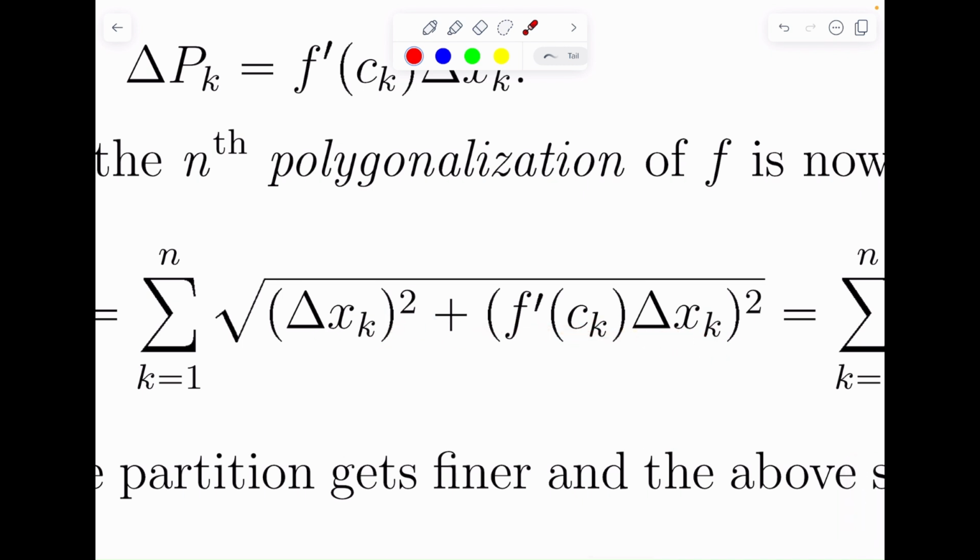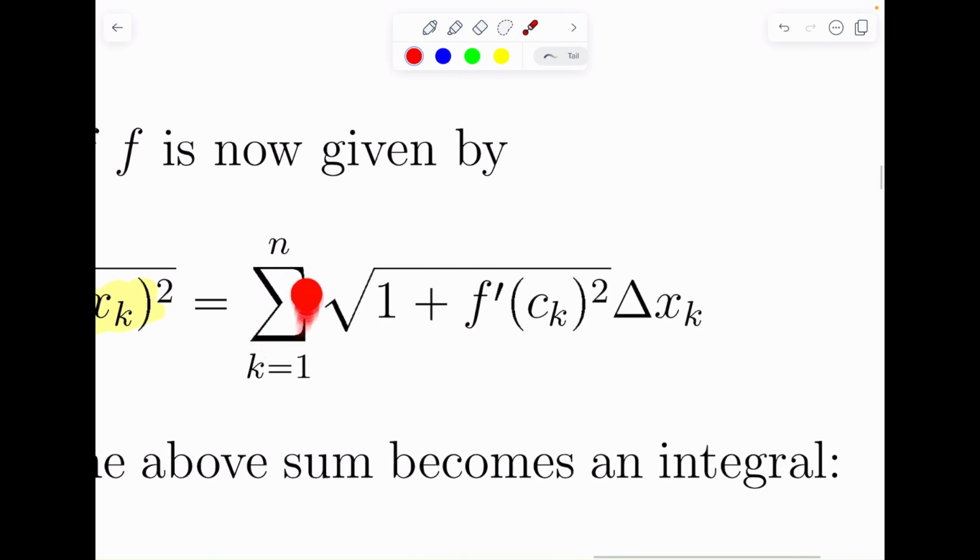Now this is delta xk, and they're both squared. So I can factor this delta xk squared out as a common factor, and then it gets square rooted. So I'm left with the sum of this square root 1 plus f prime of ck squared. And technically, if you really want to, you can put brackets around the derivative there to note that the square occurs at the end. And now the delta xk is sitting outside on its own.